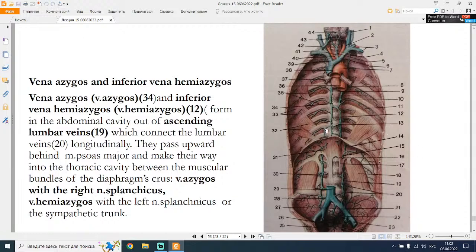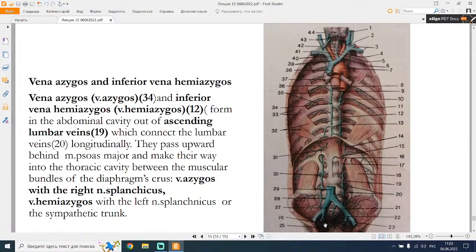Next, vena azygos and inferior vena hemiazygos. Vena azygos and vena hemiazygos. The hemiazygos vein forms in the abdominal cavity out of the ascending lumbar vein.